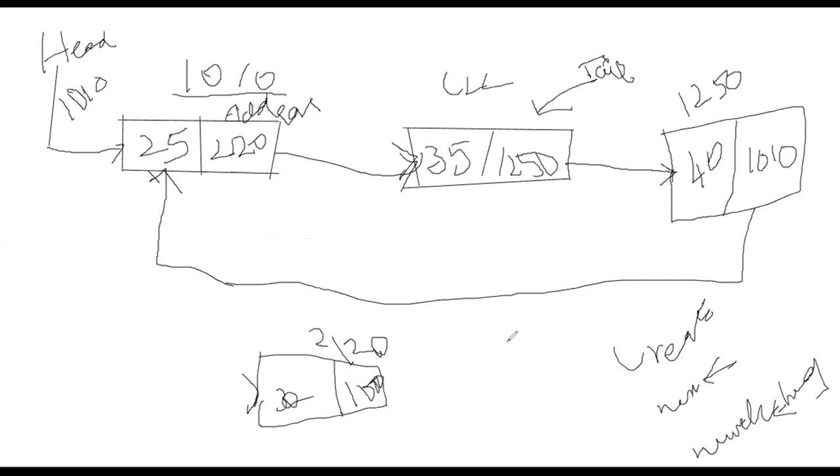I am telling you, guys, insert the new node with the value 30 after the node which holds the value 40. So you will traverse: is it 40? No, 25. Next node you will move: is it 40? No, 35. Is it 40? Yes, it is matching. So next, I have to insert.